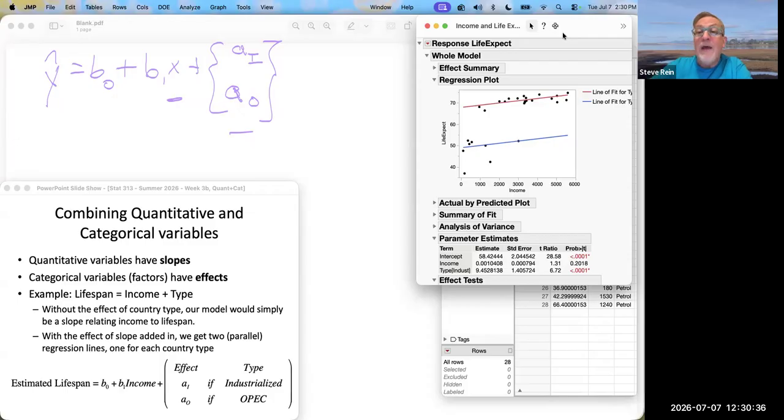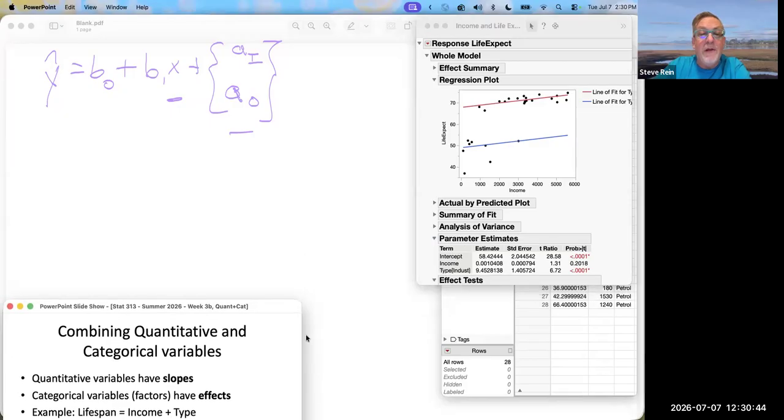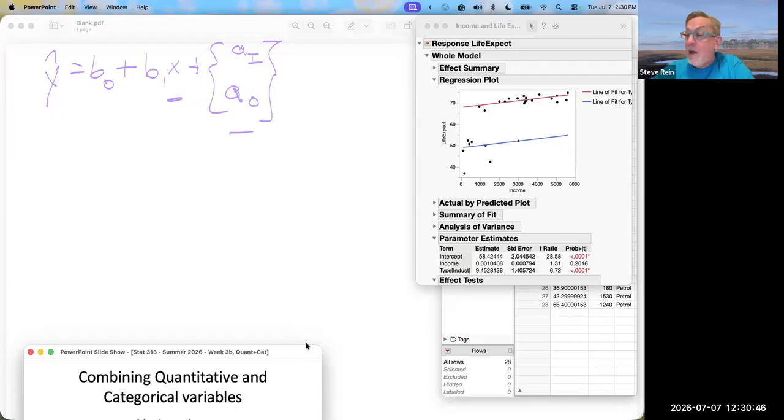And JMP tells us in our parameter estimates all of the values here. So I'm going to move this down just so that I have additional space to write. I would literally say my predicted life expectancy is equal to 58.4. Now I'm rounding a lot compared to where you should probably be rounding if you were doing this yourself for points on a test or for your boss.